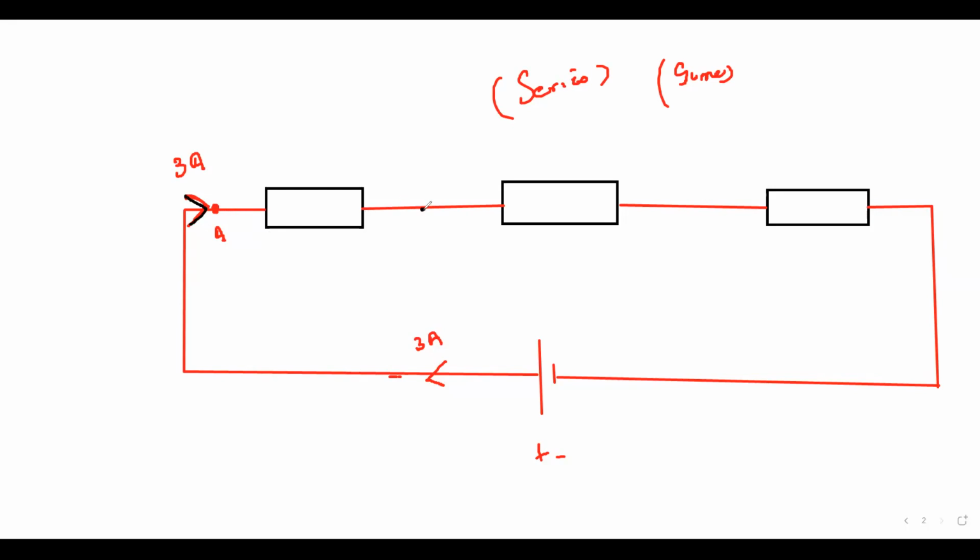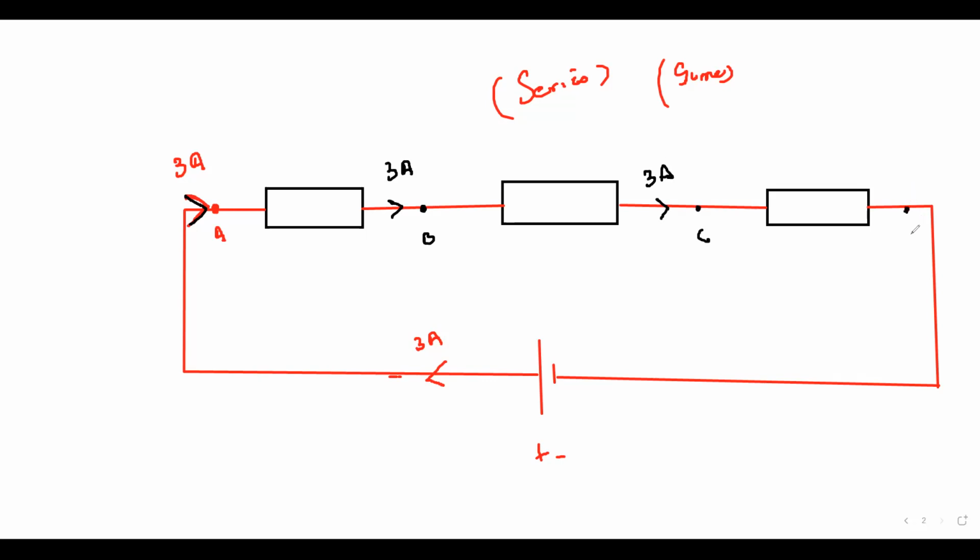So point B, how much current will be entering point B? It will be 3 ampere. Then point C, how much current will flow through point C? 3 ampere.